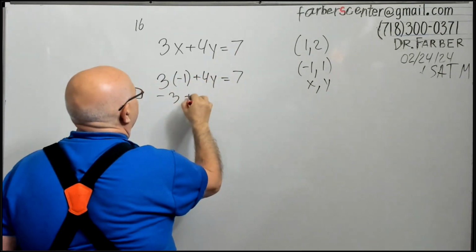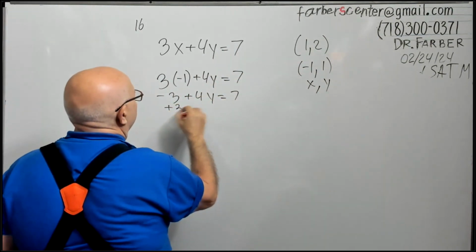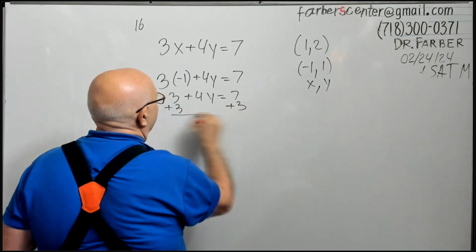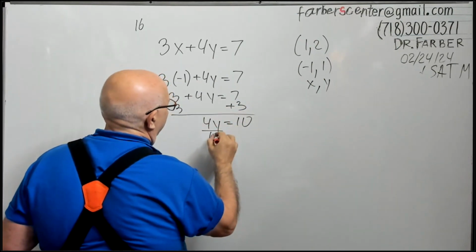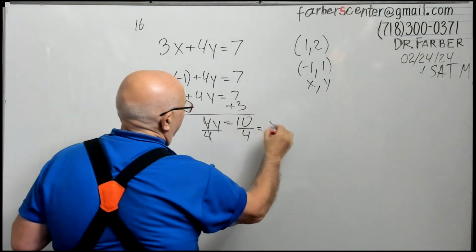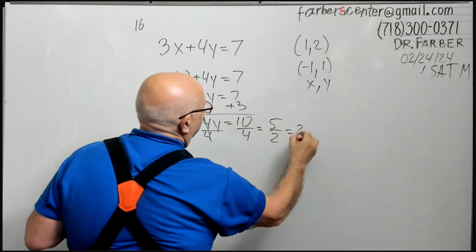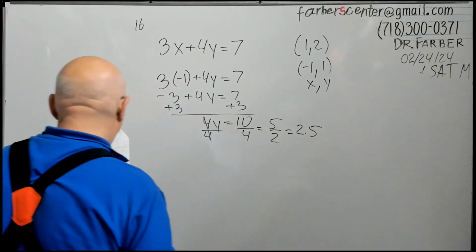Negative 3 plus 4y equals 7, plus 3 on both sides. 4y equals 10. Divide by 4. It would be 5 over 2 or 2.5. Okay.